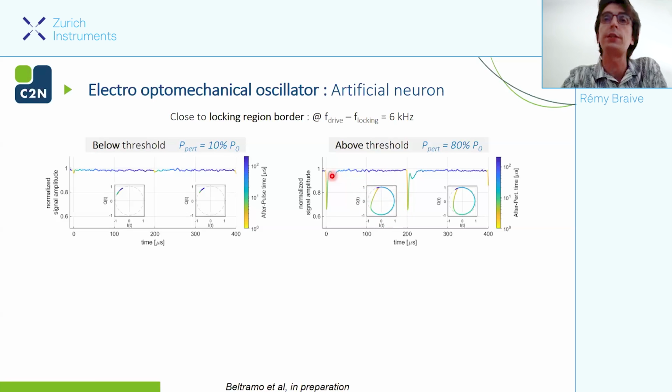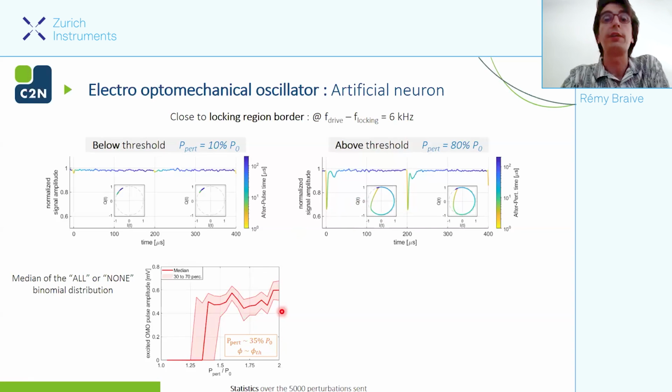This is the first perturbation, and at the second perturbation, we have exactly, or really close to, the same response. Here it's only two different perturbations, but of course we did this over 5,000 perturbations, and we can do a statistic, and we look at the median of this all-or-none response.